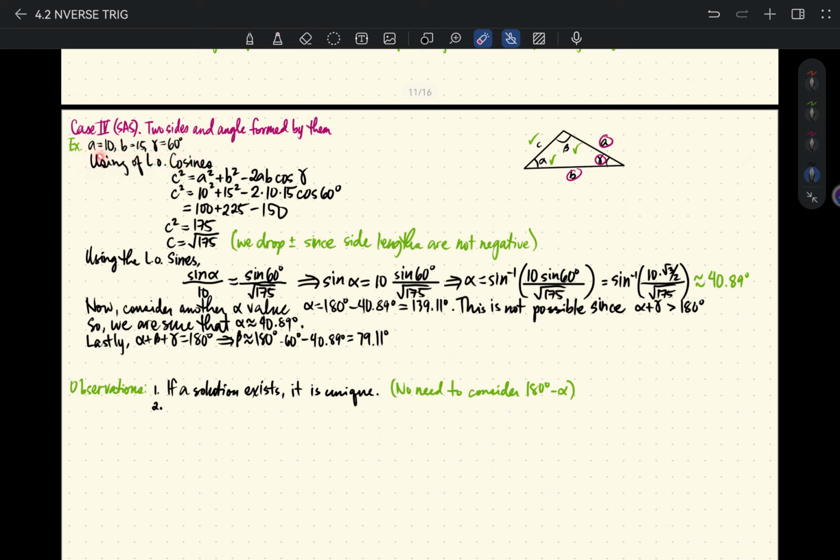Is this two sides enough for us to determine a contradiction? Unfortunately, it's not. So the contradiction would lie here. So if gamma is greater than or equal to 180 degrees, then a solution does not exist.